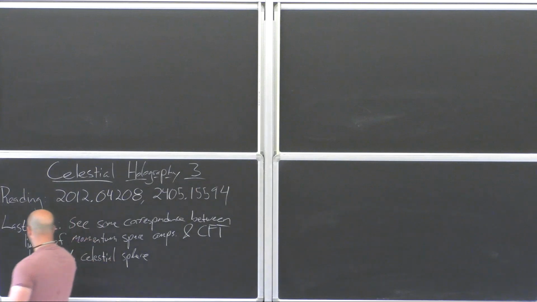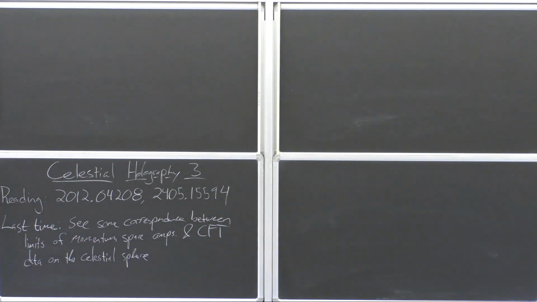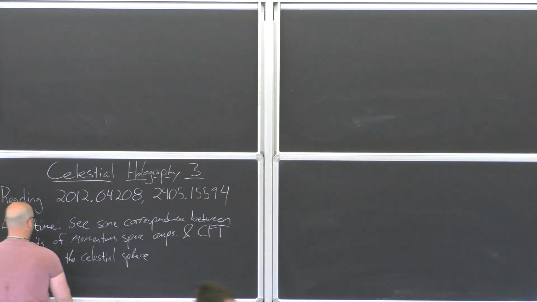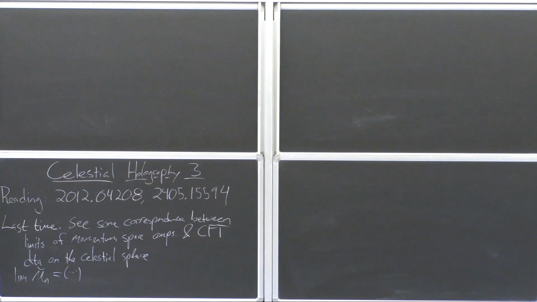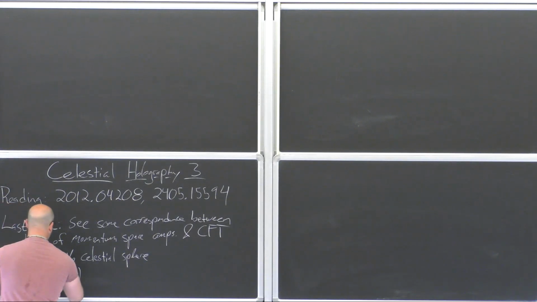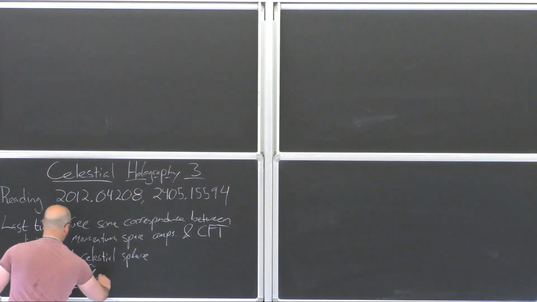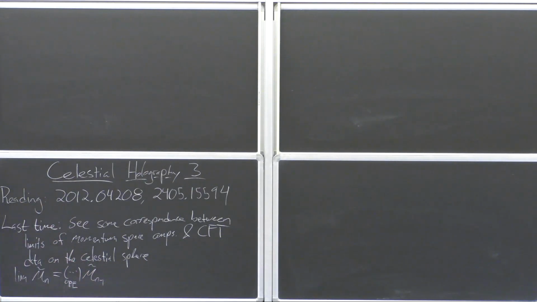And these sorts of limits, very schematically, were some limit of one of these celestial amplitudes, and this always went to some kind of interesting CFT data, like an OPE coefficient, times another one of these celestial amplitudes with fewer external states.